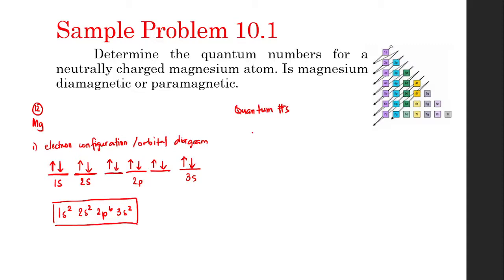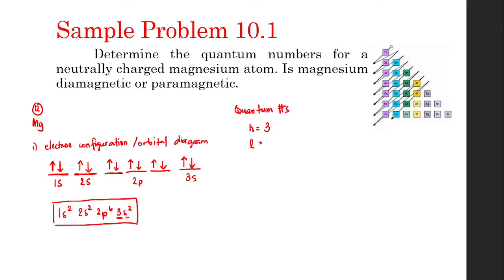The quantum number n, based on my last electron, is at main level number 3. Remember, the principal quantum number is basically the main energy level. So the main energy level is 3. And then my l, which tells me the shape, basically the sublevel.